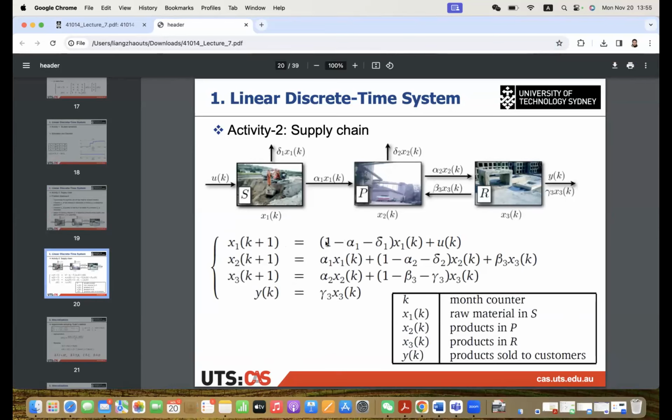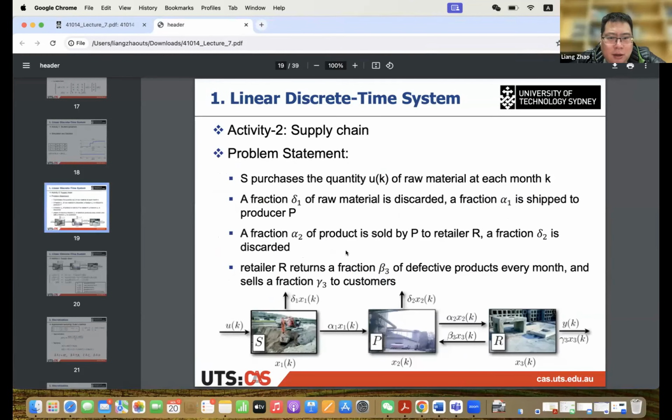Yeah, sure. That's a very good point. So if we look here, this is x1, right? It says a fraction delta 1 of the raw material is discarded, and a fraction alpha 1 is shipped to produce P, right?